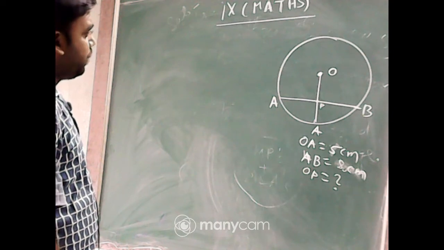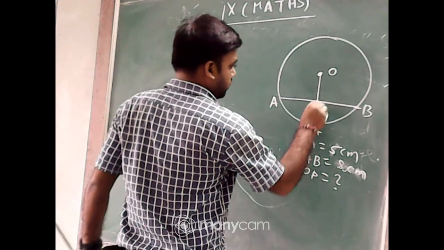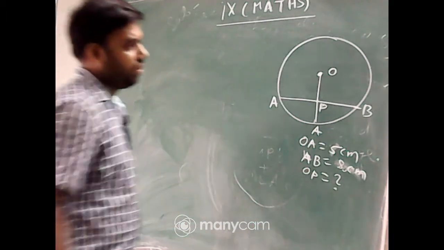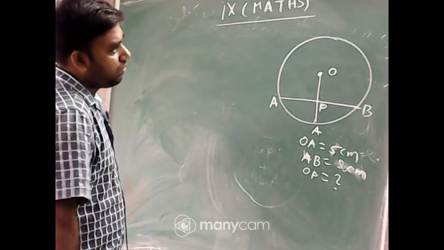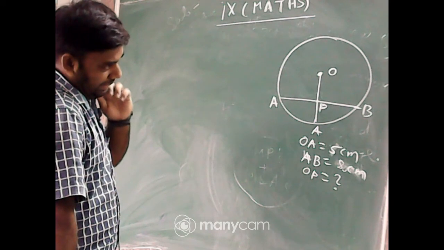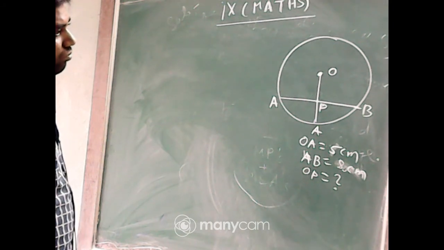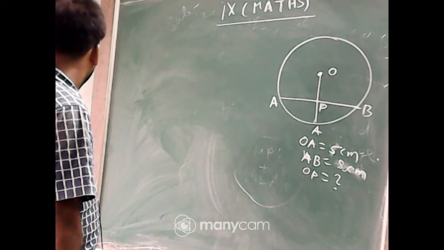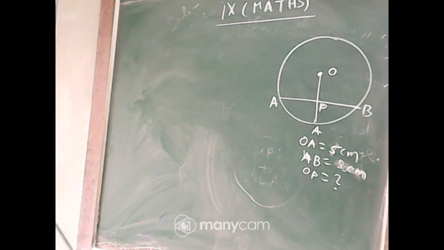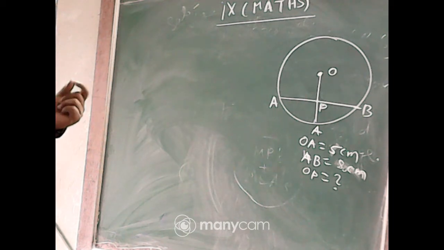Sir, OP or OB? That is OP. Find the answer OP. AB equal to 8 centimeter.